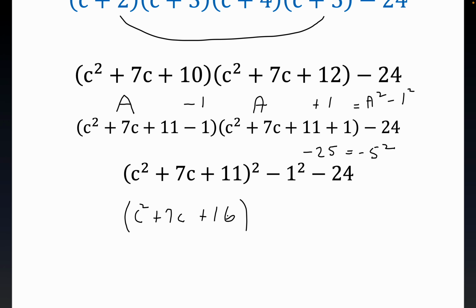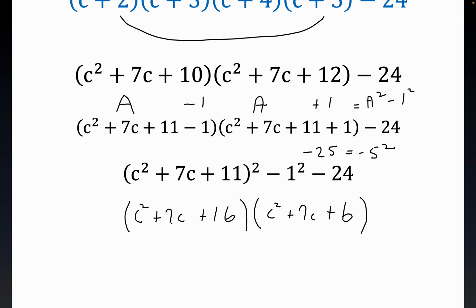This would be your A plus B form, and this would be your A minus B form. c squared plus 7c, and then 11 minus 5 is 6. See there, folks? The distance between these two numbers is 10. 2 times 5 is 10, right? Now, this is looking pretty good.